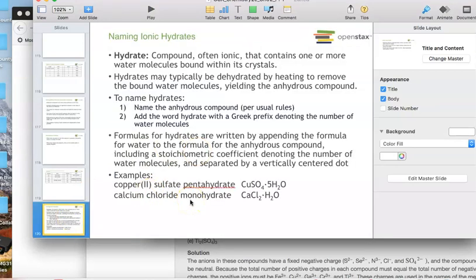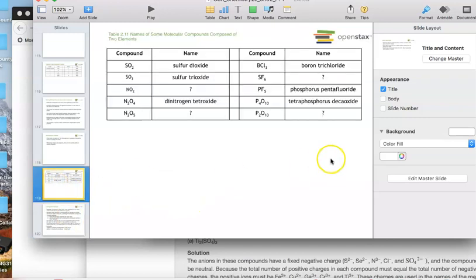All right, so let's go back and try to write the formulas given the names. Which we haven't really done, and so I'm going to do a little side note here because it's not showing you some examples. Probably they have some in the back of the chapter. So let me just make some up really quick.